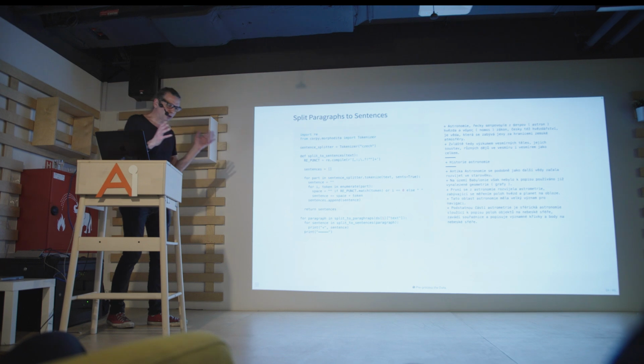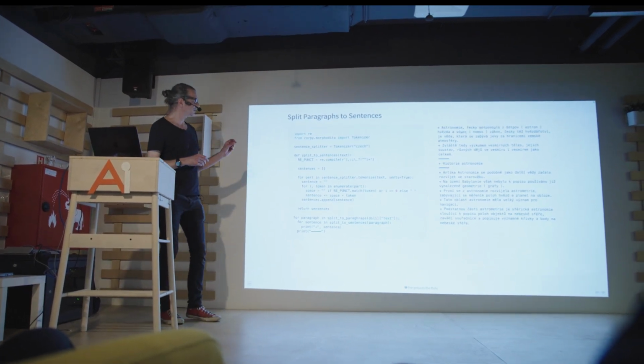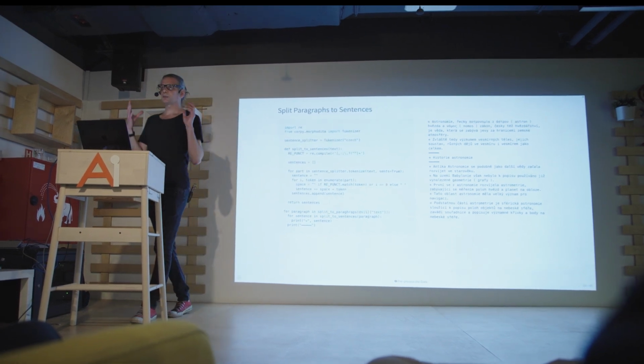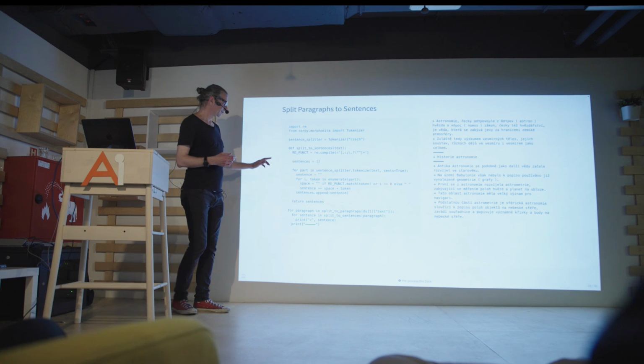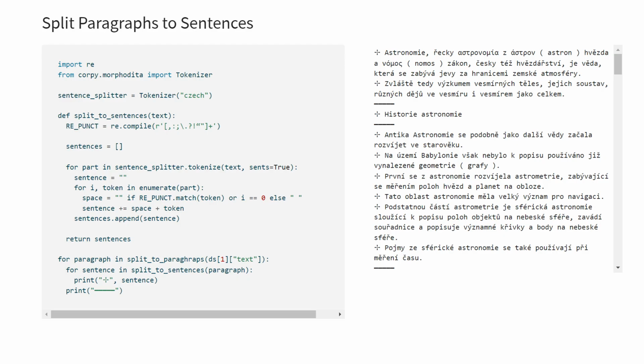We might do different things, but let's say we use a smart tokenizer from the MorphoDiTa package from UFAL, and we split the text into sentences. So we split into paragraphs and into sentences. That's what you can see on the right-hand side. No matter how long the paragraph is, we have the individual sentences.